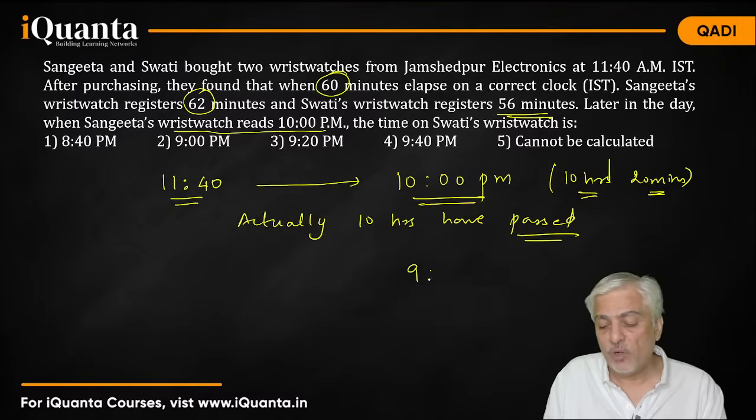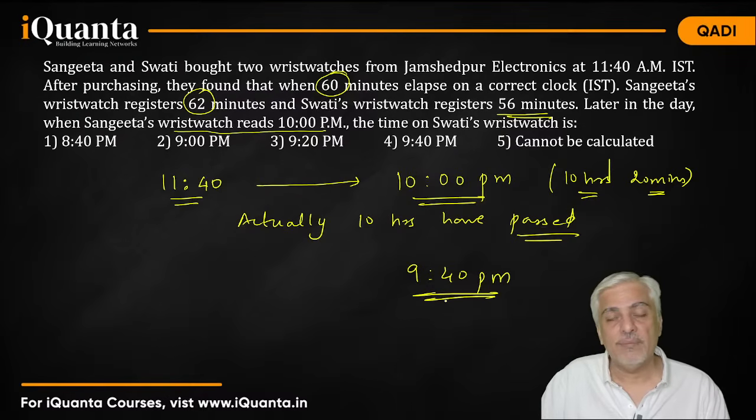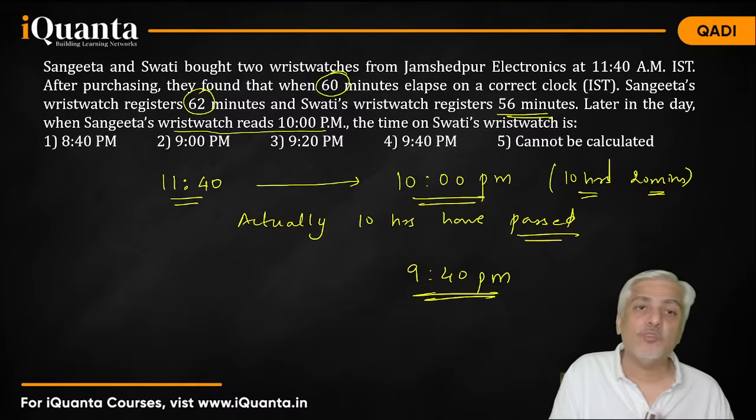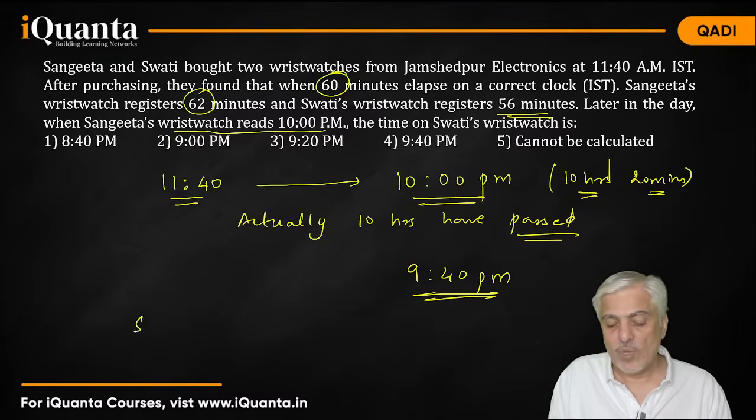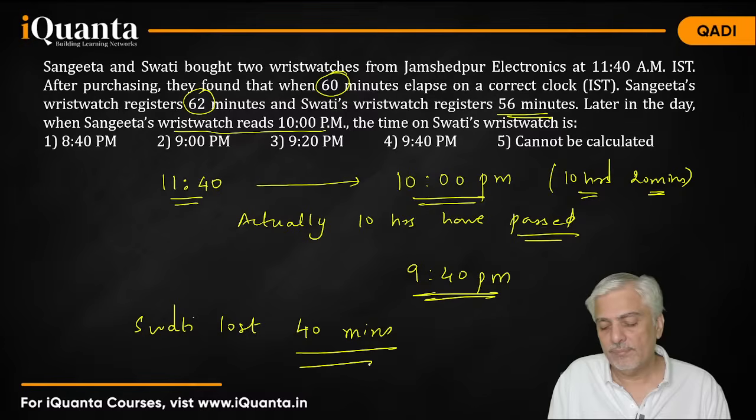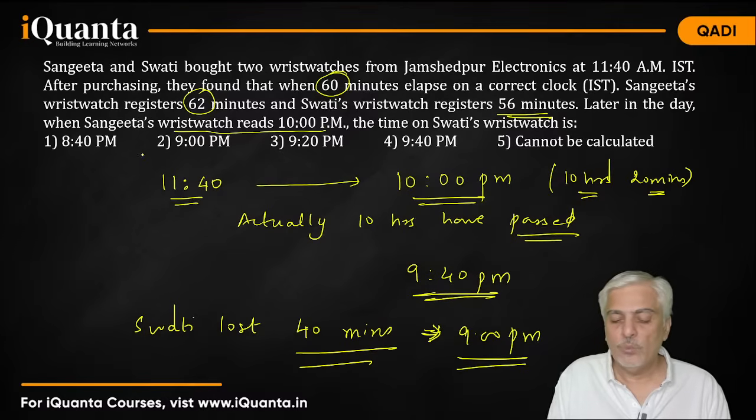So it is 9:40 p.m. Actual time is 9:40 p.m. And in these 10 hours, Swati's watch has lost 40 minutes. Therefore, Swati's watch will show 9 p.m., which is option number 2.